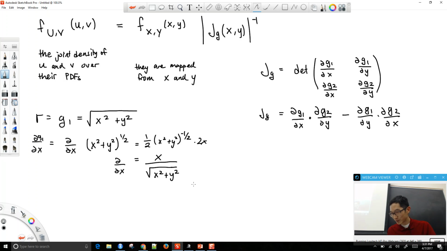And then we do the same thing for y, and the partial with respect to y is going to be y over the square root of x squared plus y squared. So these are the partials for g1, which is for our radius. Then we'll do the same thing for theta.